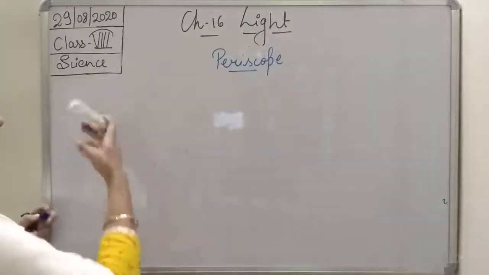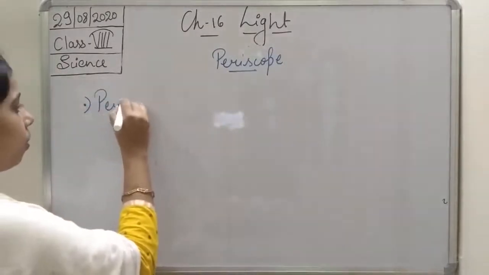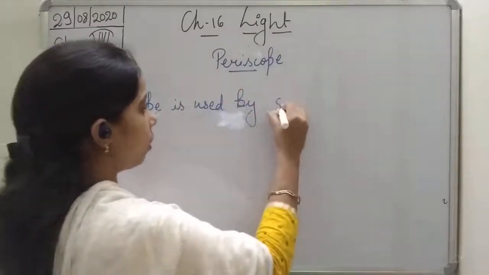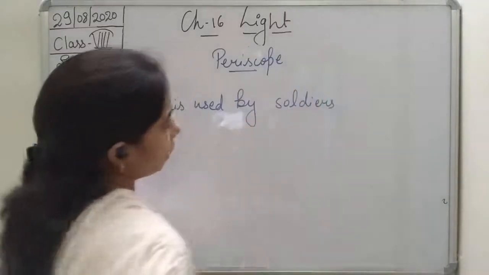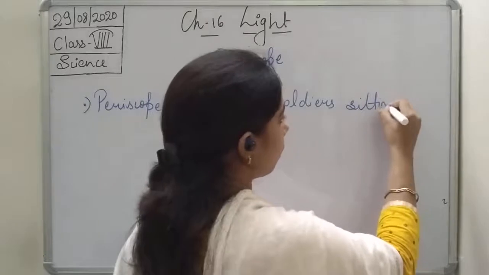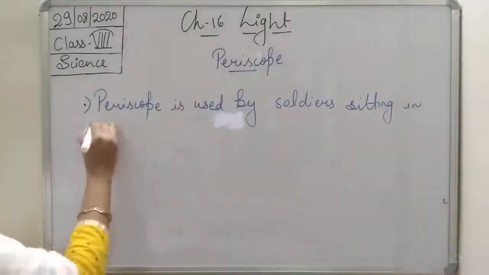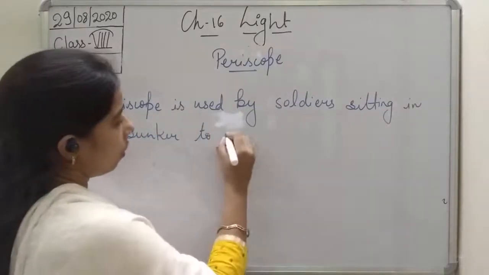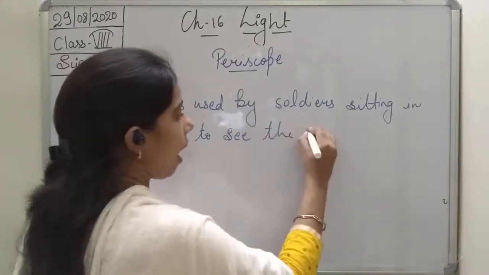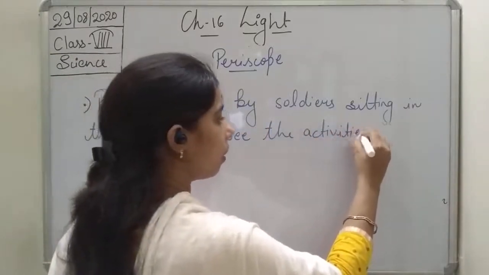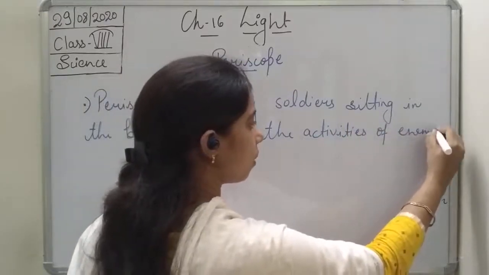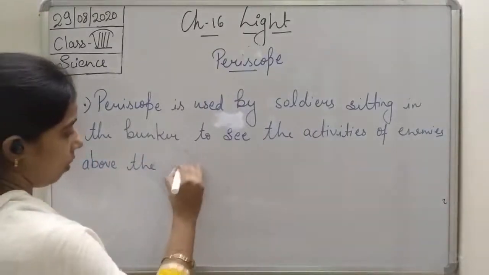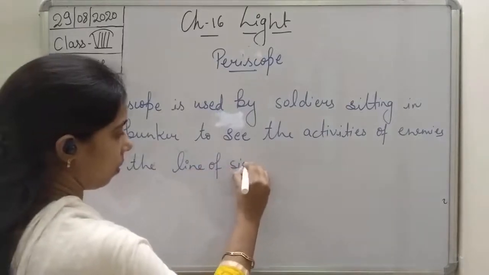First one: the periscope is used by soldiers sitting in the bunker to see the activities of enemies above the line of sight.